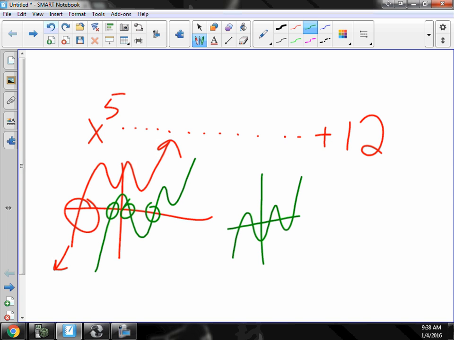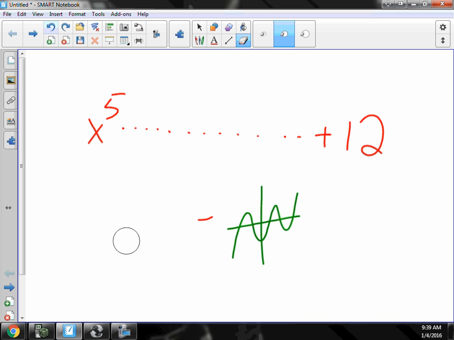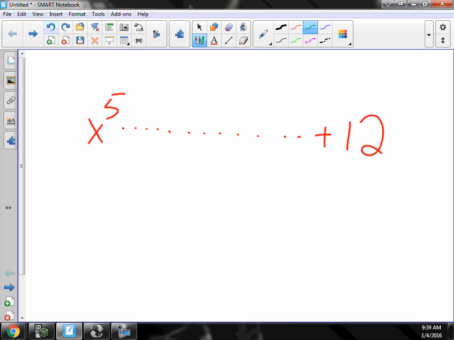We're not focusing on real, we're focusing on rational. And remember, rational numbers are fractions or decimals that terminate or repeat. And this is a review from last time: the rational roots are positive and negative versions of factors of the constant.